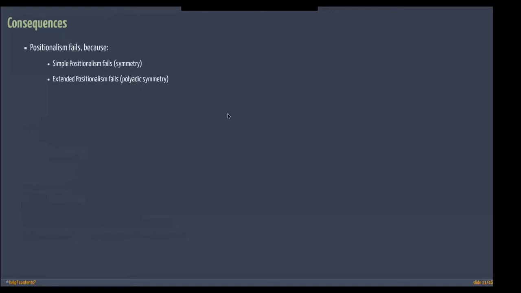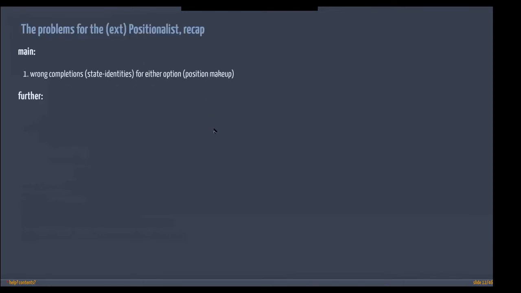where the positionalist fails as well to give us the right positional buildups, to account for and explain the correct number of relational states that we want.